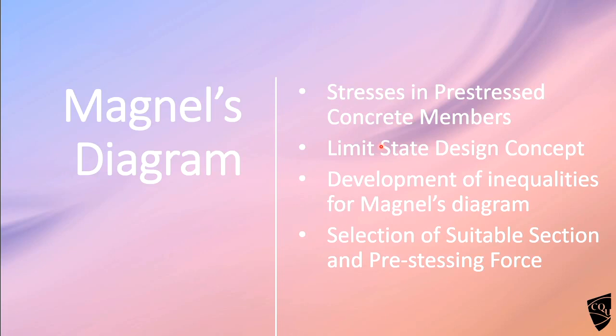Once you are able to do this, you should be able to use those inequalities to draw the Magnel diagram and find the suitable section, and from the Magnel diagram we should be able to find out how much pre-stress force we have to apply.